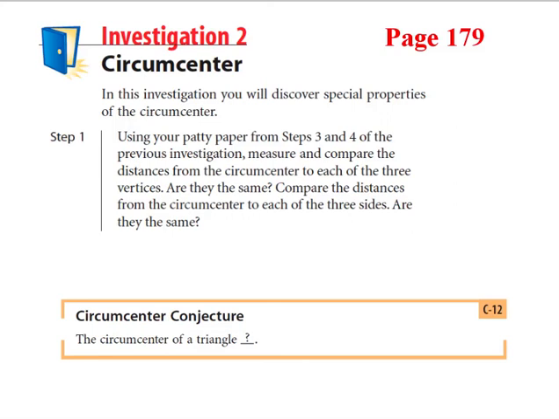Ours weren't. They're not the same, okay? So here you go. The circumcenter of a triangle is equidistant from the vertices.